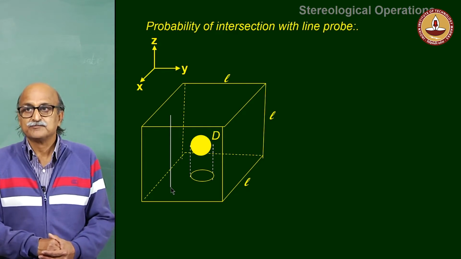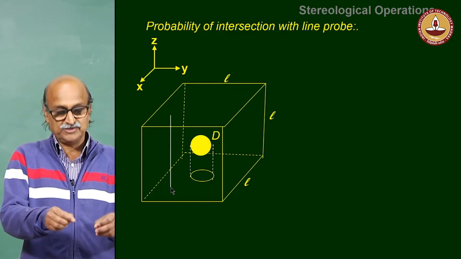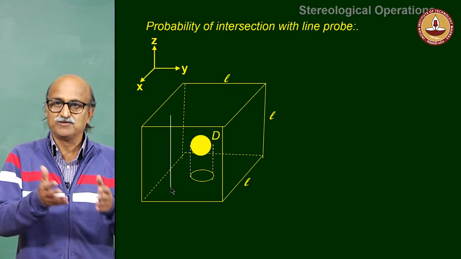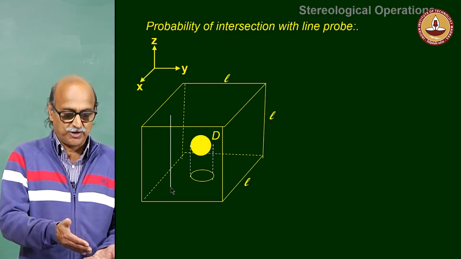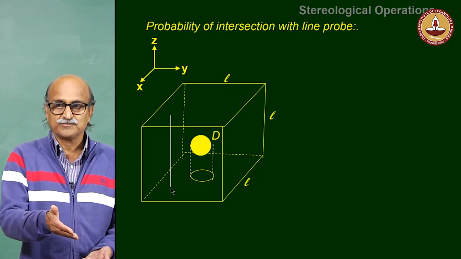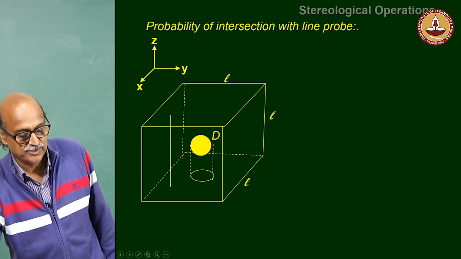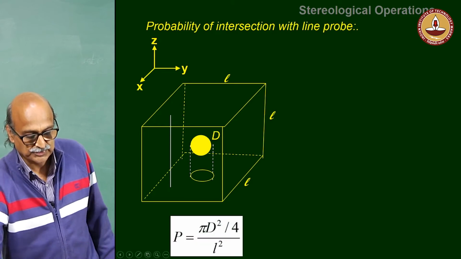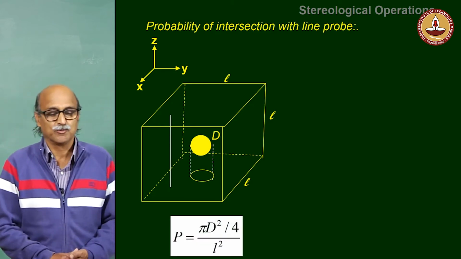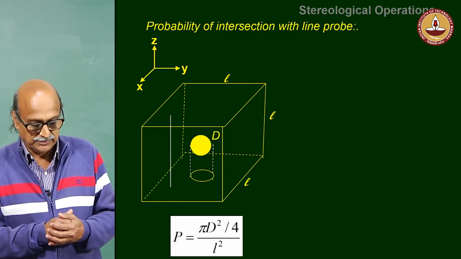Now, what is the probability of this point? Because if this point falls inside the projection, that means the line will cut the object. What is the probability of a point falling inside the object? It would be the area of the circular projection divided by the area of this plane, which is L square. So, this is the probability of the line probe cutting a spherical object.